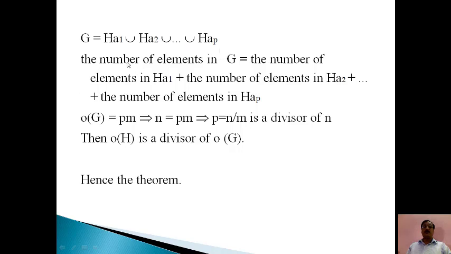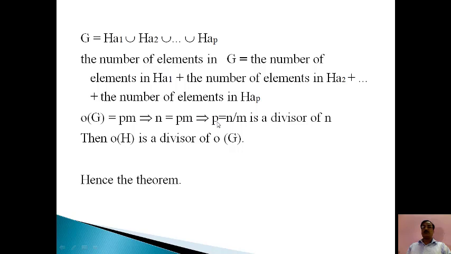Therefore, the number of elements in G equals the number of elements in Ha1, plus the number of elements in Ha2, plus the number of elements in Hap. So the order of G is given as pm. Since the order of G is n, therefore n equals pm.